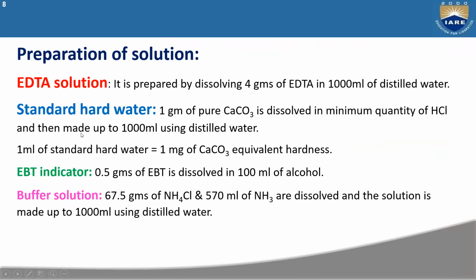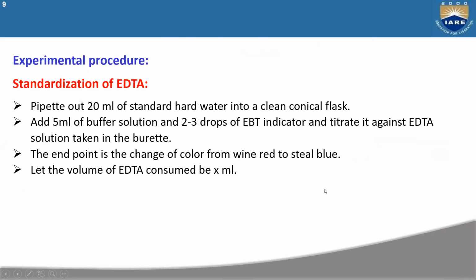Next, the conical flask. The conical flask contains 20 ml of standard hard water plus 10 ml of ammonia buffer plus 2 drops of EBT, and we titrate against the EDTA solution taken in the burette. What do we take in the burette? EDTA solution. In the conical flask, we take the hard water.